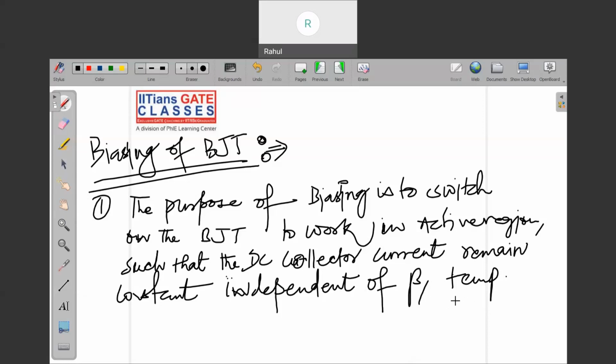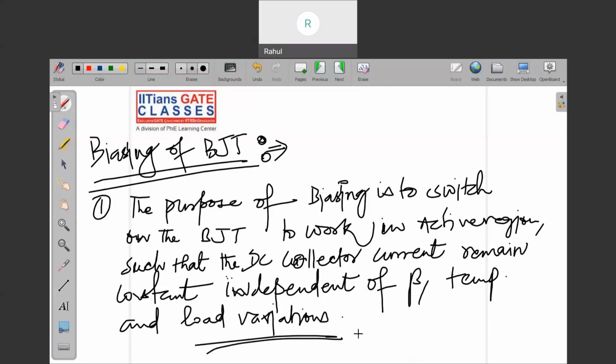Beta is quite sensitive, and so are temperature and load variation.